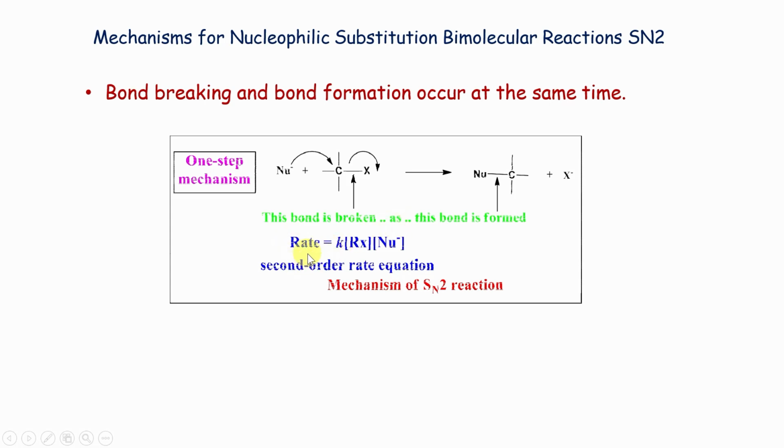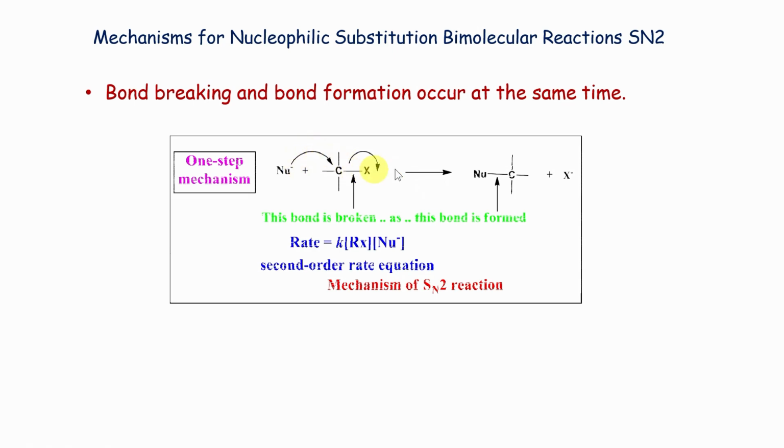So the rate is equal to k times the concentration of RX and the concentration of the nucleophile. And so it is a second order reaction, and hence it is represented as a second order rate equation. Okay, that is the mechanism of SN2 reaction.